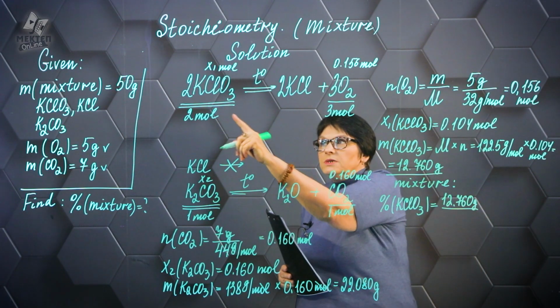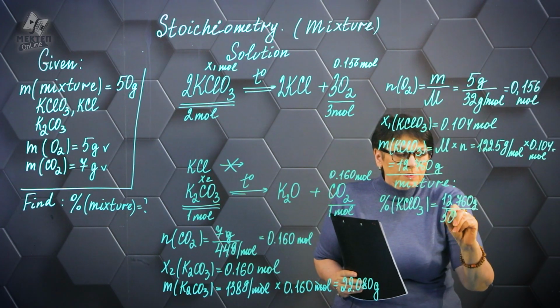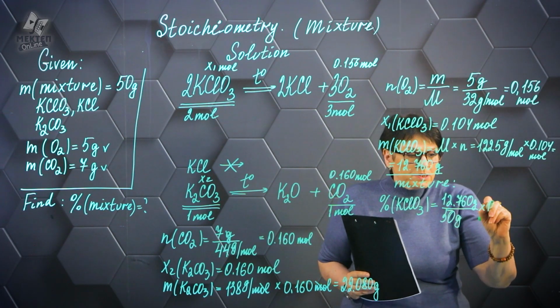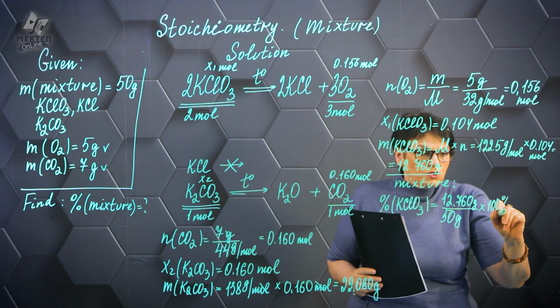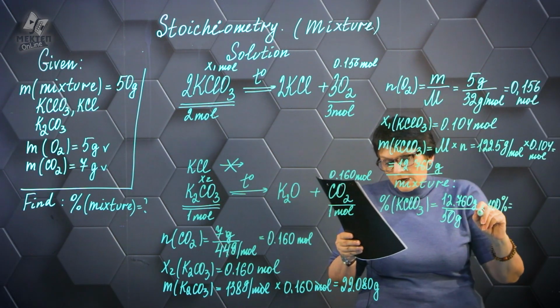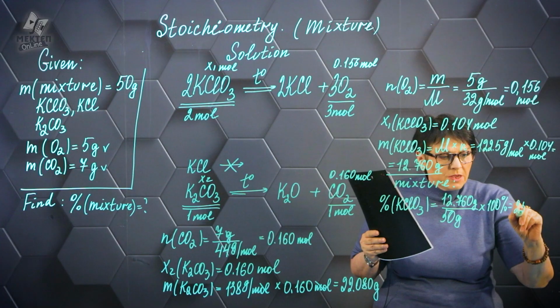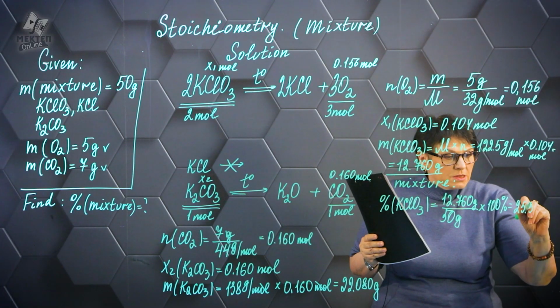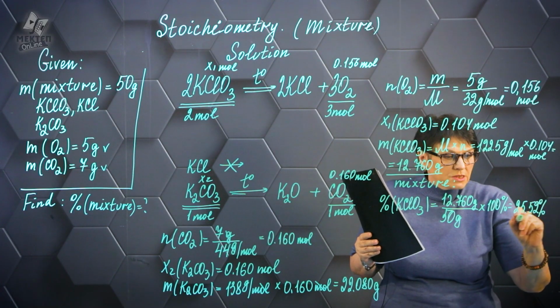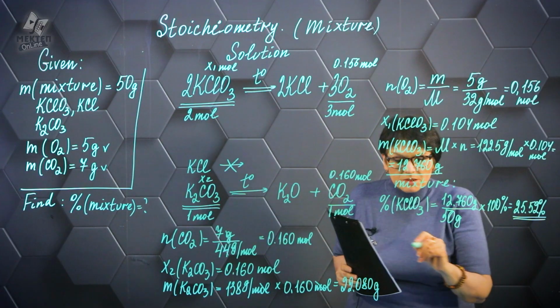And since we have 50 grams of the mixture, and we multiply that by 100%, the calculation for potassium chlorate will be 25.52%. Here we have the first answer.